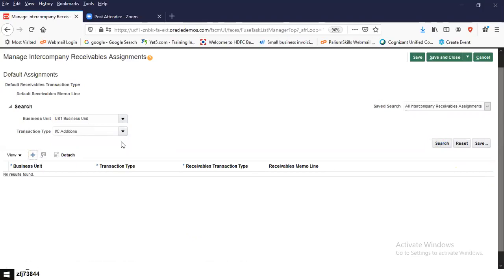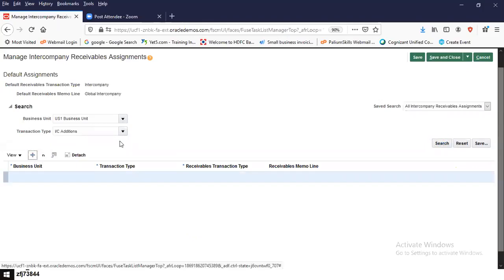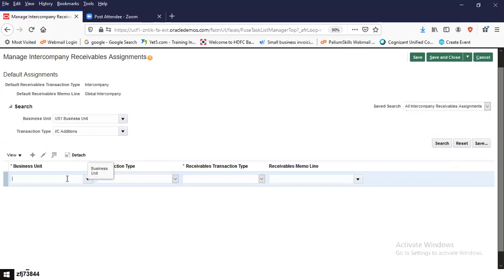If we just open that create one, it's a short screen so we can see that better. As you can see here, you have the business unit and the corresponding receivables transaction type. In receivables, after this, when we define receivables, we will be reviewing the different transaction types, invoices, debit memos.